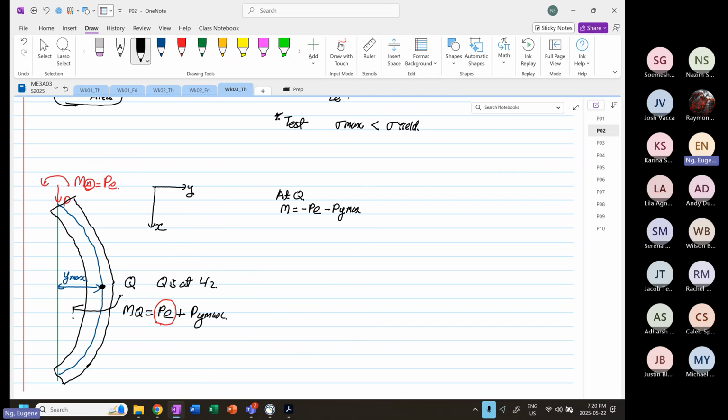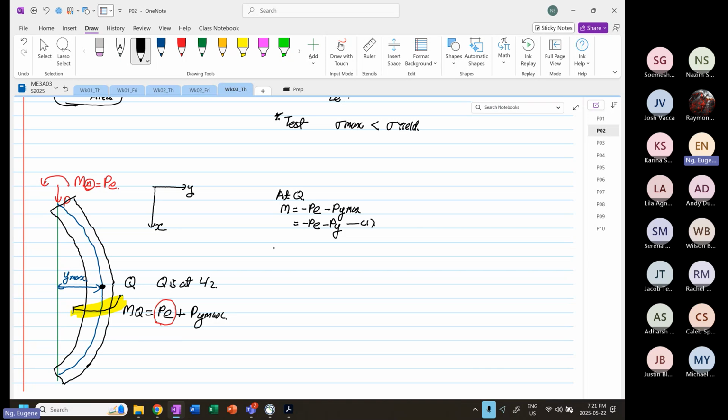It is minus because it's going in the clockwise direction. That's why it is minus. So after that, rather than always writing Y max, I'm going to write minus PE minus PY. So this is our equation number 1.